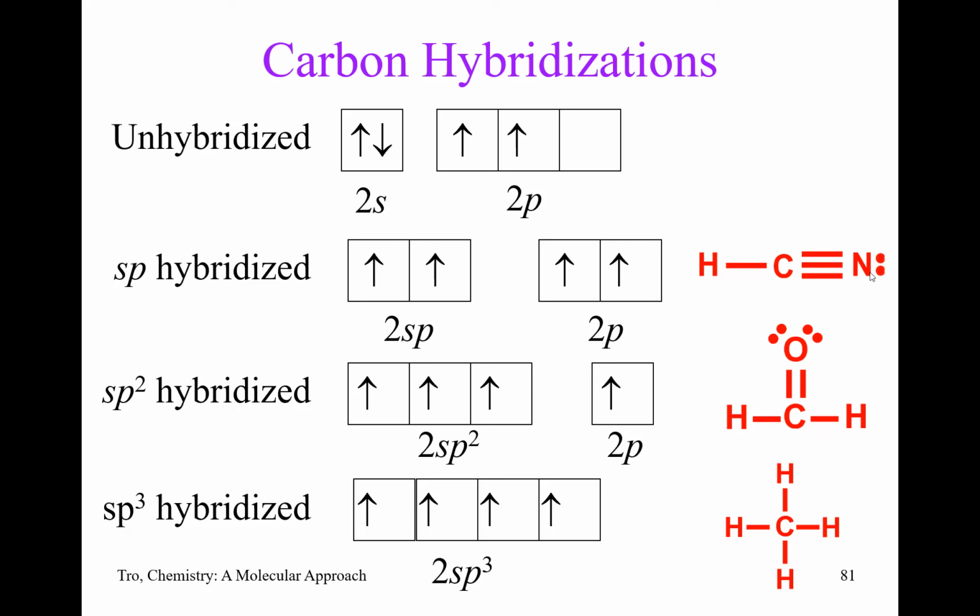one's bonded to nitrogen, but that's not the issue at hand at the moment. The orbitals on carbon: the single bond, the sigma bond, is with the S and the P, one of each. So the single bond you see here between hydrogen and carbon is one of these sp. Then the other sigma bond here between the carbon and nitrogen is again one of the sp.